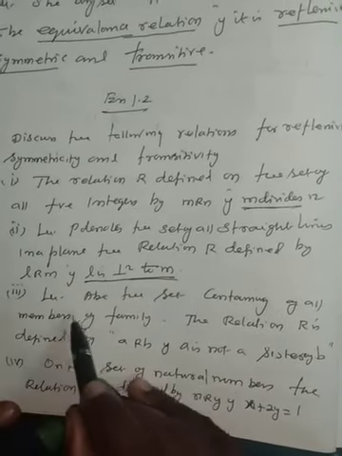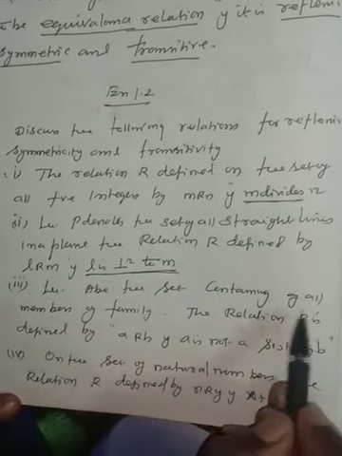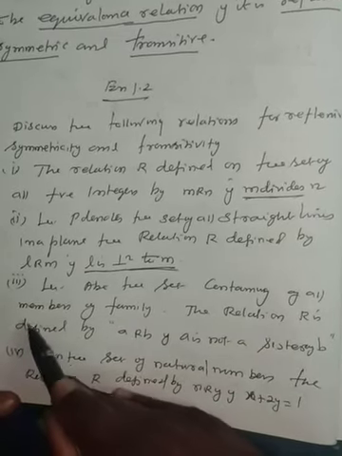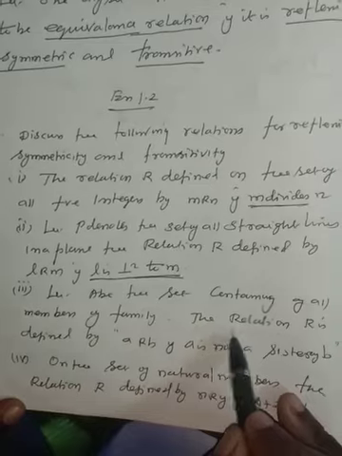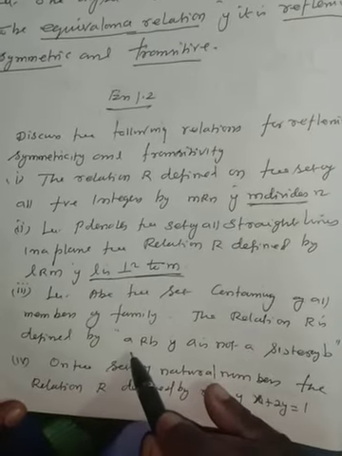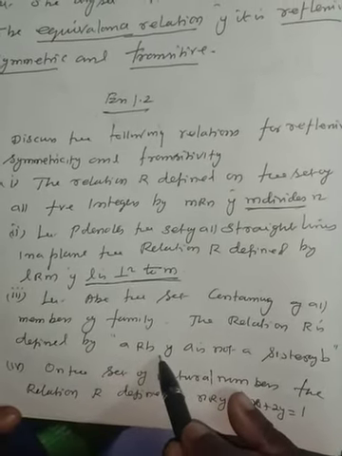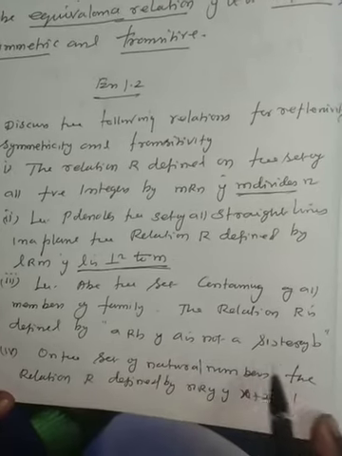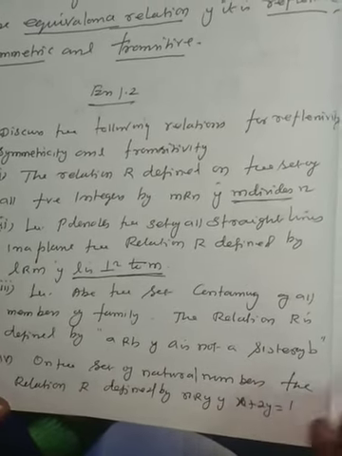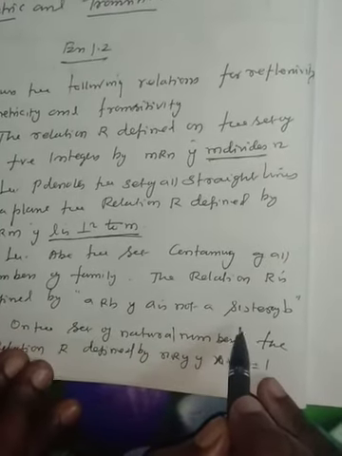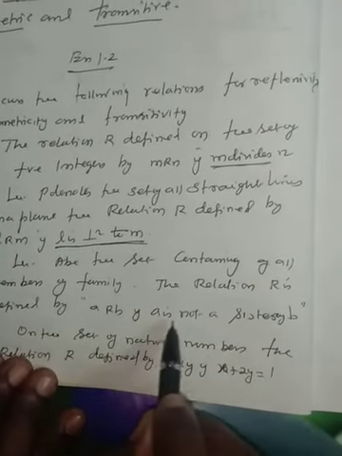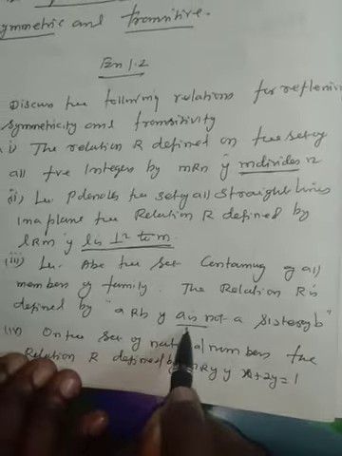Third, let capital A be the set of all members of a family. The relation R is defined by a relation b if a is not a sister of b.